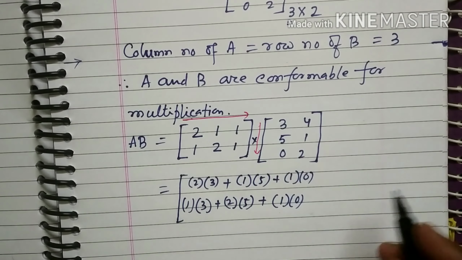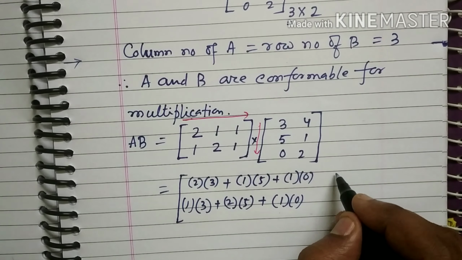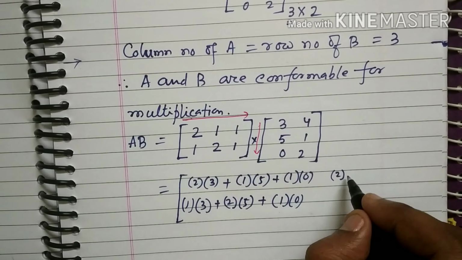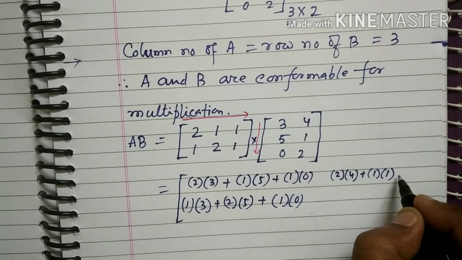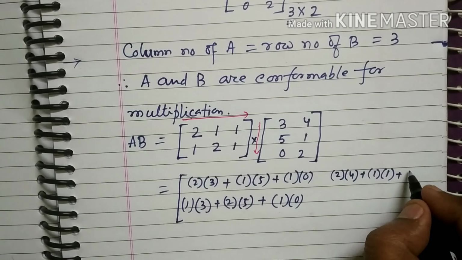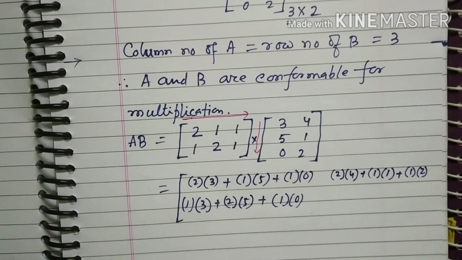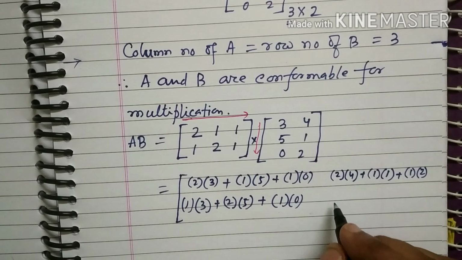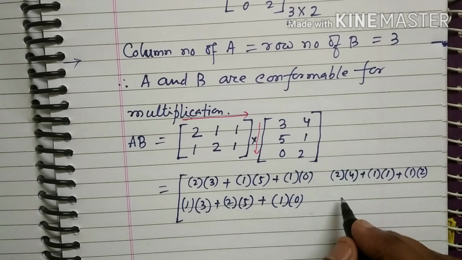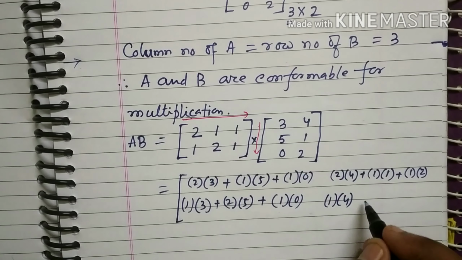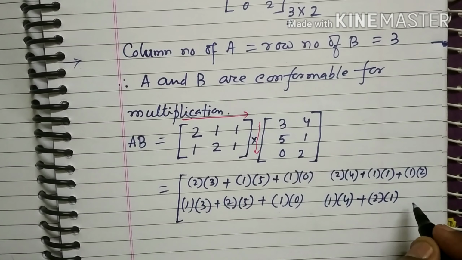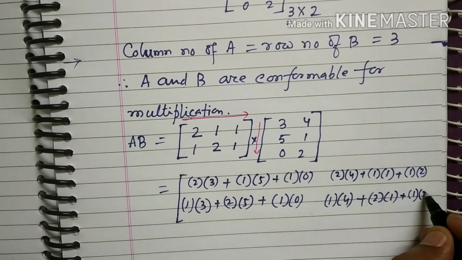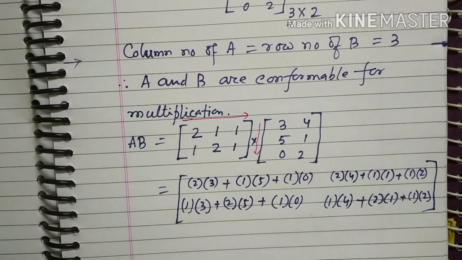Now for the second column, 2 into 4 plus 1 into 1 plus 1 into 2. Second line, this and this, 1 into 4 plus 2 into 1 plus 1 into 2. Clear?